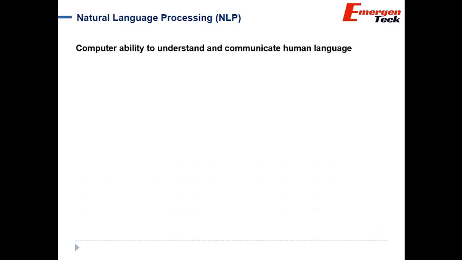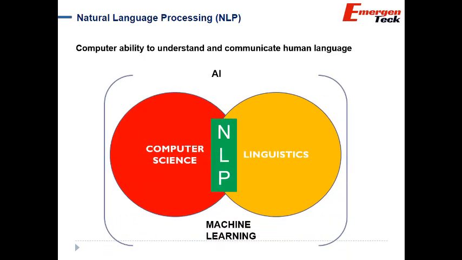Natural language processing is a computer's ability to understand and communicate in human language. NLP is one of the subfields of artificial intelligence, and it's an interaction between computer science and human language that has been programmed to process a large amount of human language.